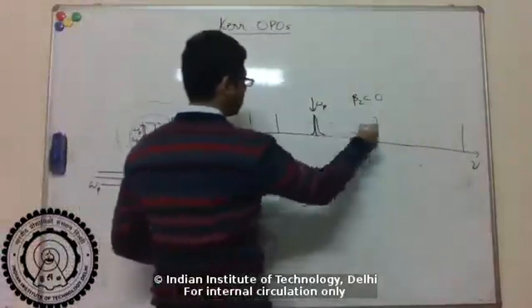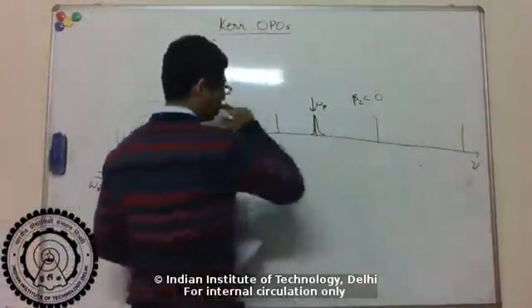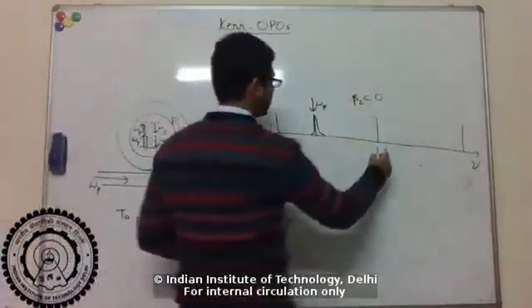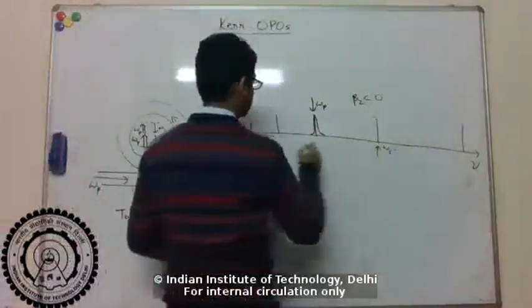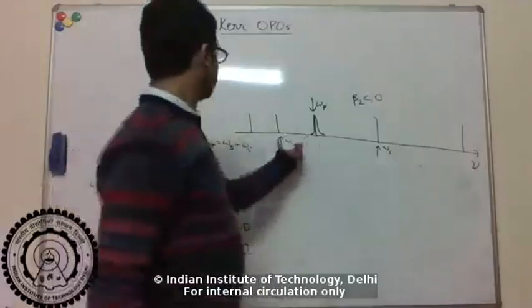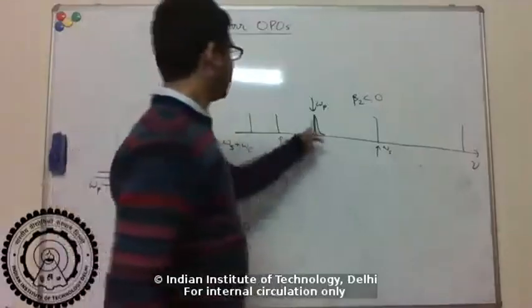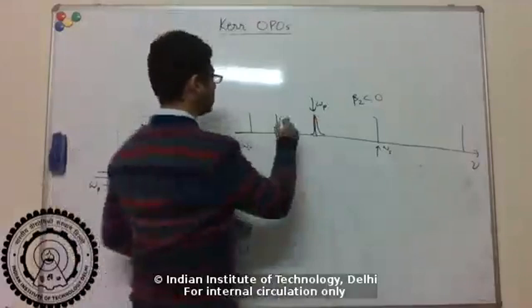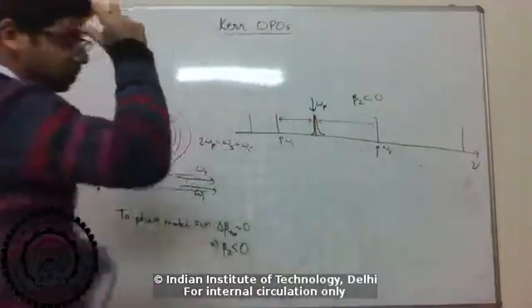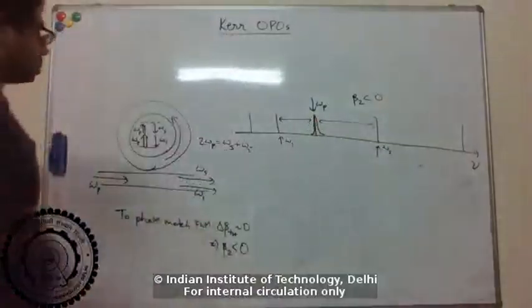You can go one resonance away on either side or two resonances or whatever, but if they are not equally spaced, you can see that if you choose this as omega s and this as omega I, then omega s plus omega I is not exactly equal to 2 omega p because these spacings are not exactly equal.